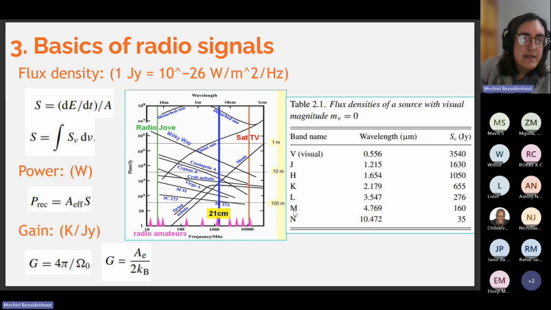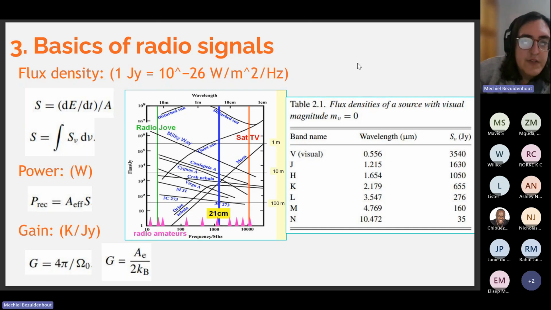Flux is a measure of the rate at which the energy of a signal crosses perpendicular to some area. So it's a rate of energy per area. It's given in units of watt per square meter per hertz, and we usually measure that in units of Jansky.